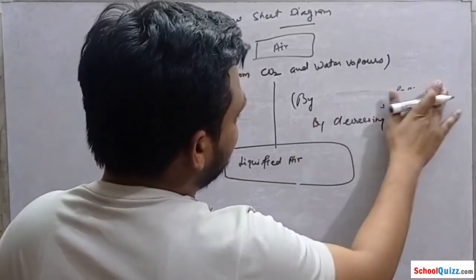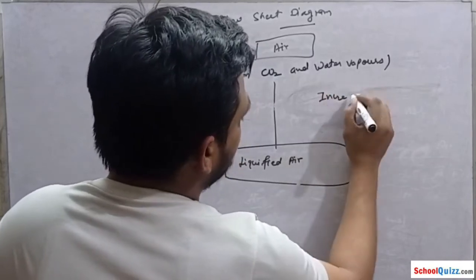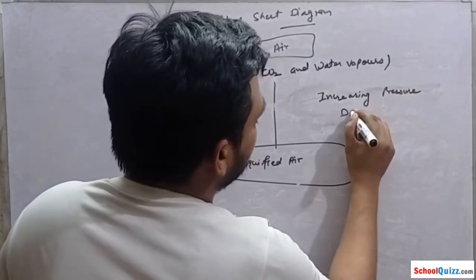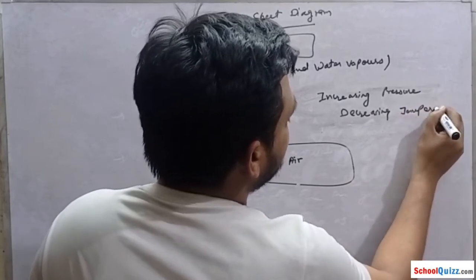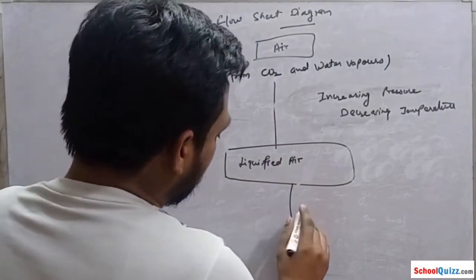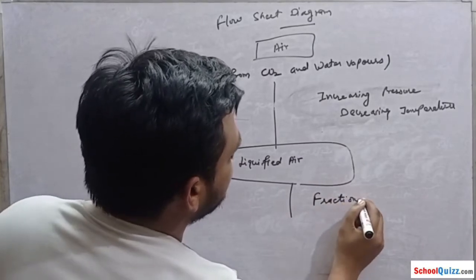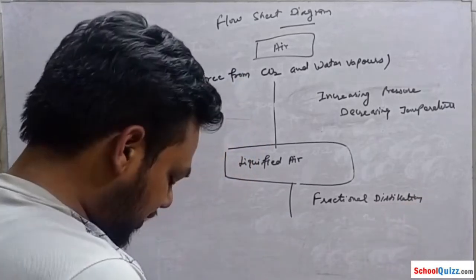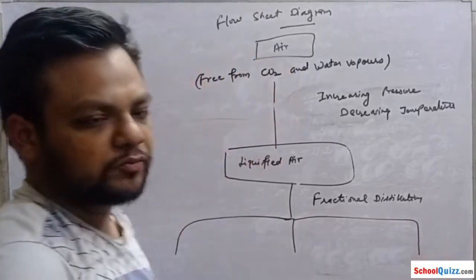Or we can write it as increasing pressure and decreasing temperature. Then after liquefied air, what will we use? We will use fractional distillation. And then what will happen? They will separate out on the basis of their boiling point.